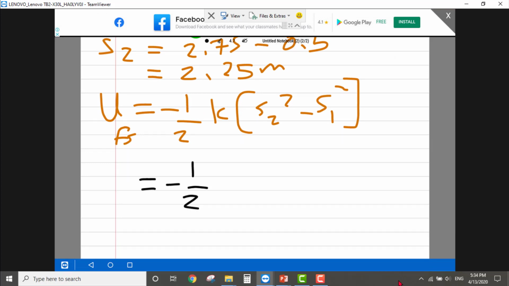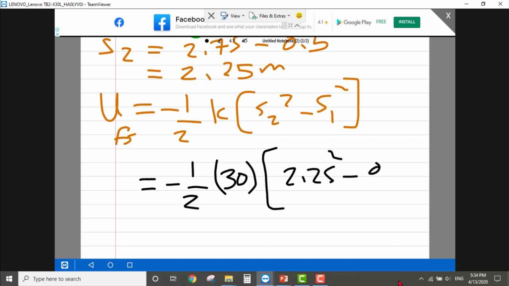K is given in the statement of the problem, which is 30 Newton per meter. It's written on the figure of this problem. Multiplied by stretching 2.25 squared minus 0.25 squared.